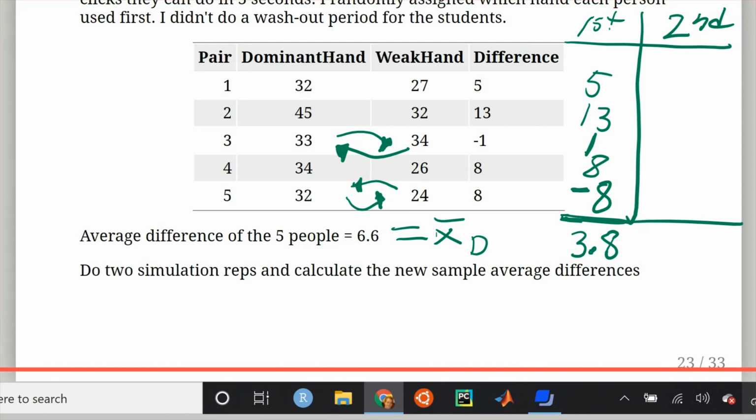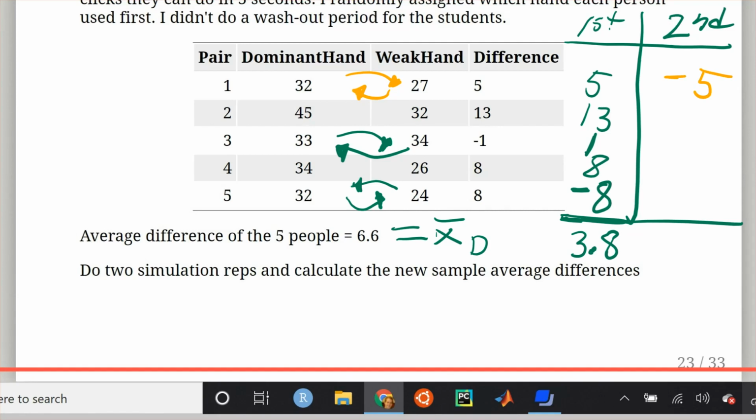I'm going to use orange arrows for the second simulation. Right here, I got a heads for the first student. So these two numbers, 27 and 32, are going to switch places. I'm going to find a new difference for student 1, which will be 27 minus 32. That equals a difference of negative 5.